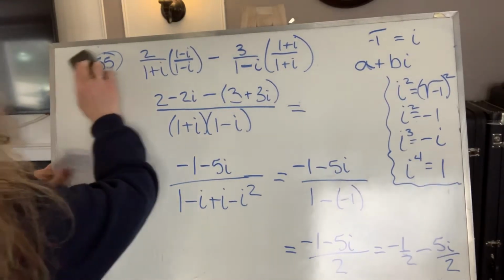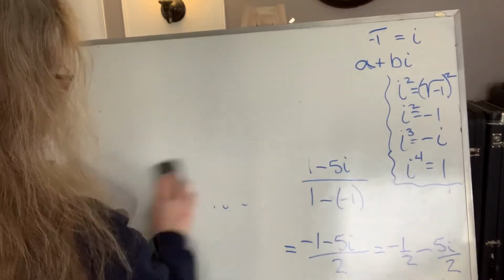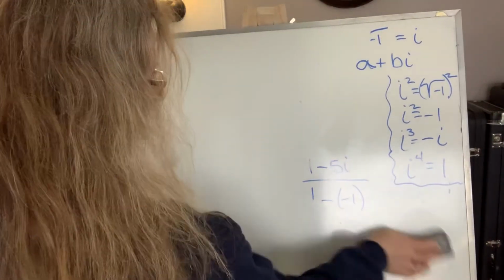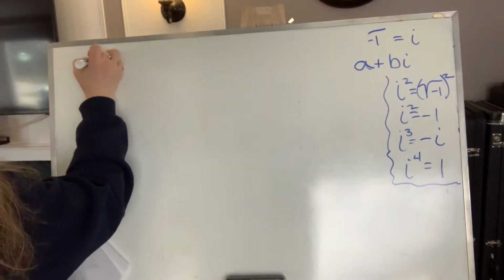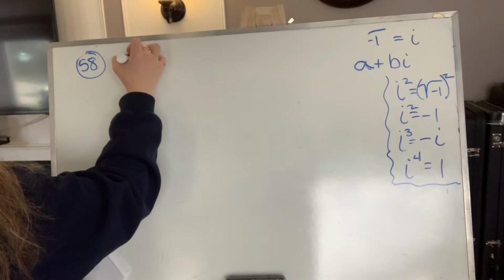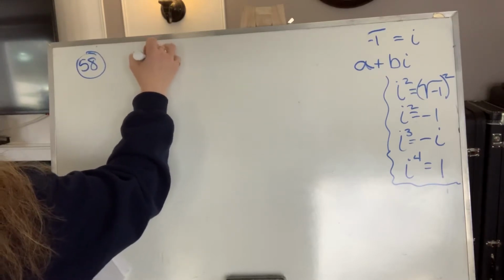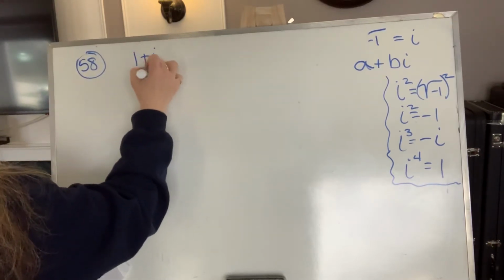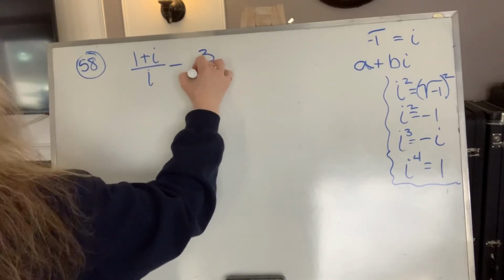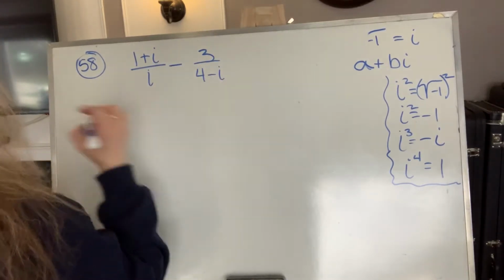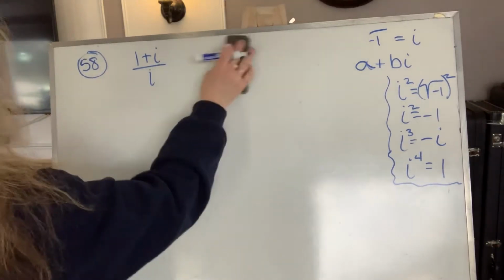Let's do 58. That one's a little bit different. So 58 says 1 plus i over i, minus 3 over 4 minus i. Again, let me leave a little space.